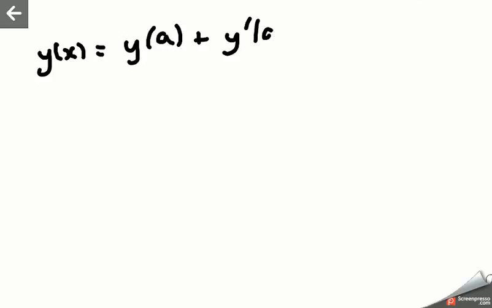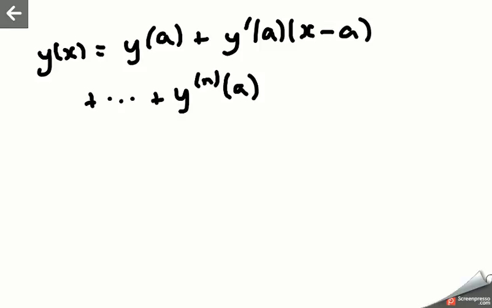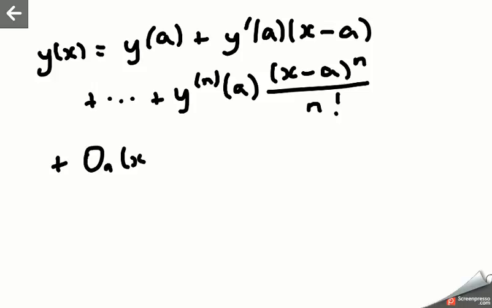We have y of x is equal to y of a plus y prime of a times (x minus a) plus dot dot dot plus y differentiated n times at a times (x minus a) to the power of n divided by n factorial, plus Rn of x.